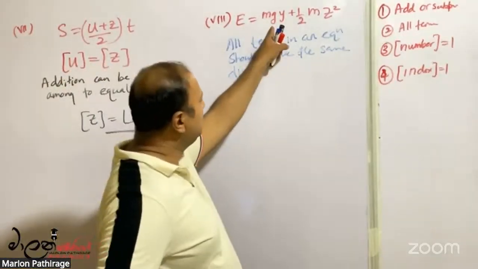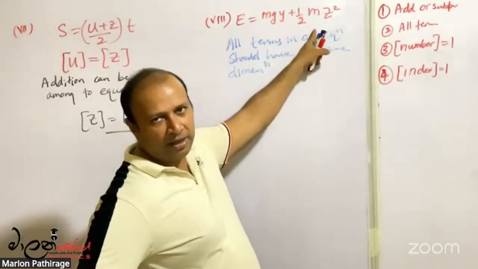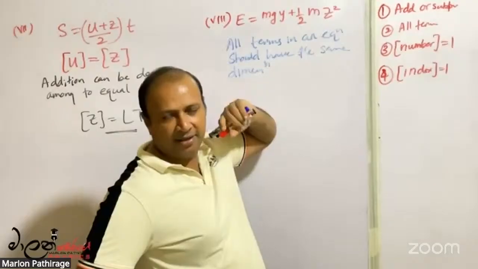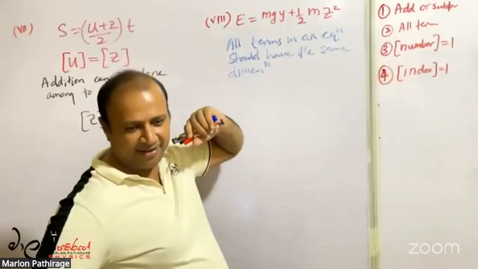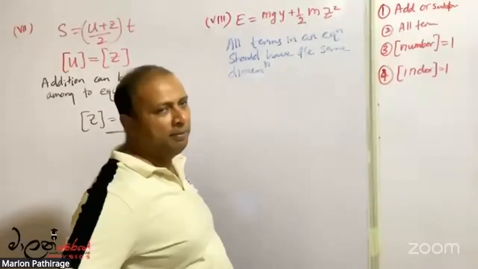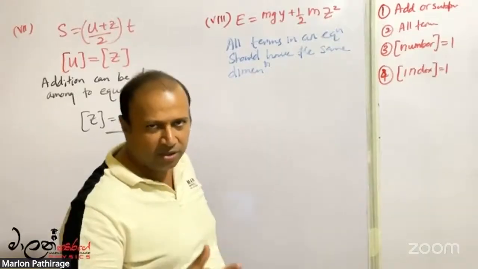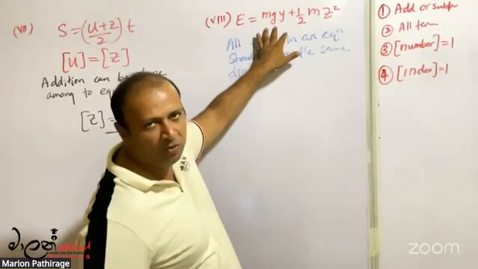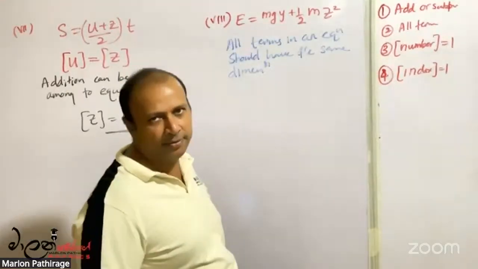Here you can use the addition rule, but you don't know Y as well as Z. Therefore, from the addition rule, you can equate the dimension of mgy and mz squared.